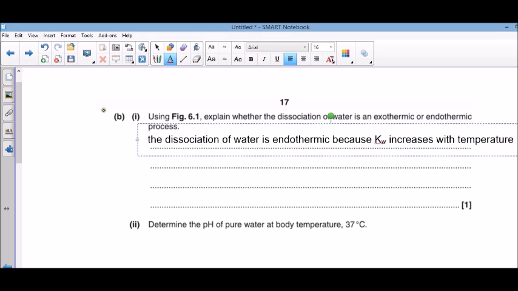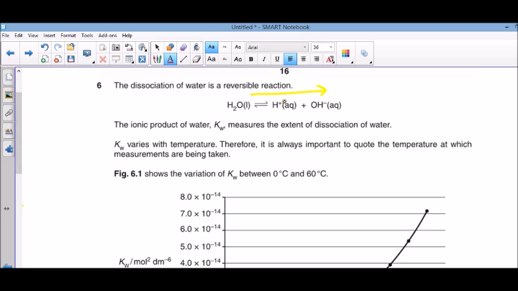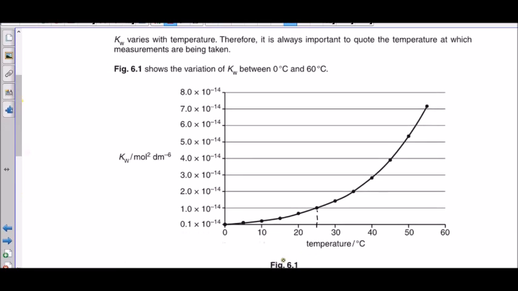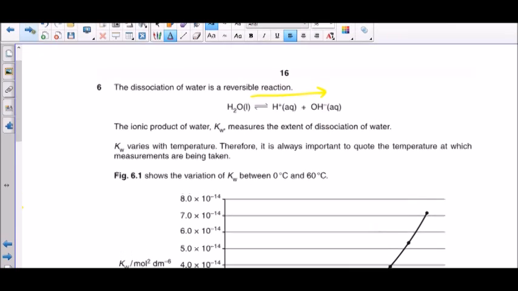Okay, so just go over that again. This is the reaction as the temperature increases. So going this way, Kw increases, it gets bigger. That means that this reaction is shifting more to the right, which means that temperature favours the endothermic reaction, so the forwards reaction must be endothermic.